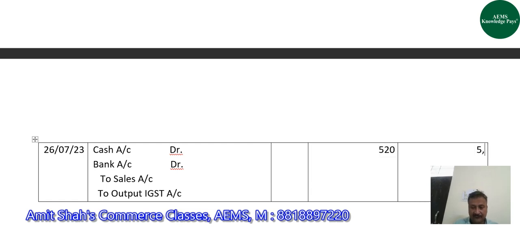Sales amount was 5,000, 18% of that is 900. So total amount that we require is 5,900, out of that 2,950 we received in cash and 2,950 we received by check.